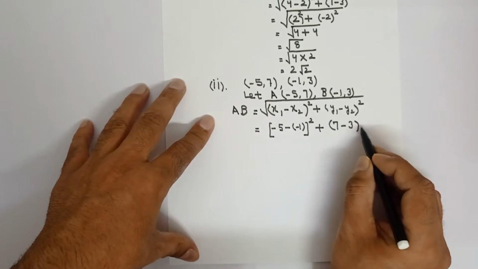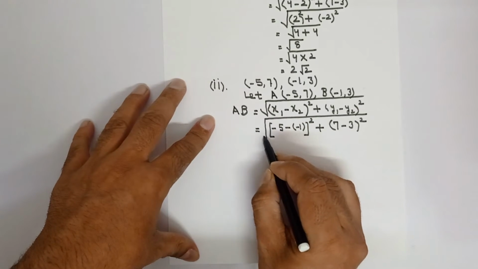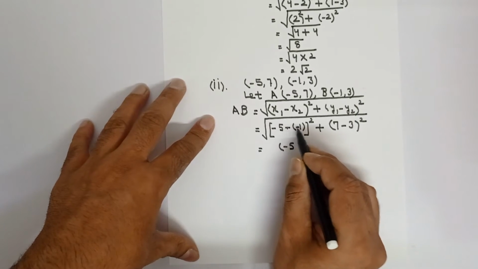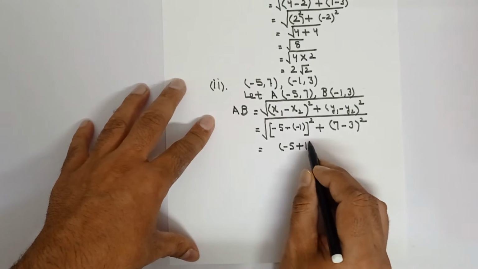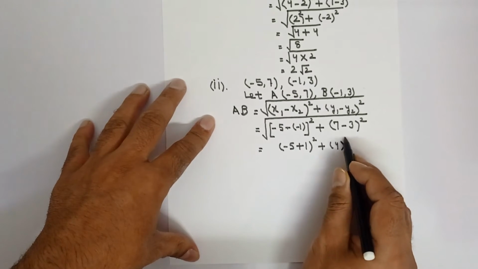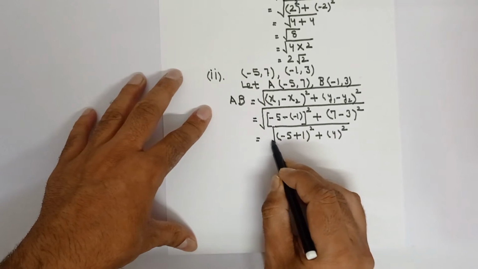So 7 minus 3 whole square under root sign. So it will become minus 1 minus minus plus, and 7 minus 3 is 4. So square of 4, and this is again under root sign.